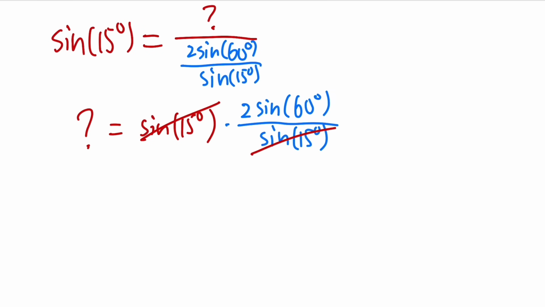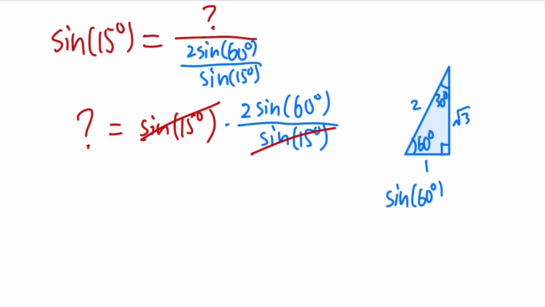And what's sine of 60 degrees? Okay, remember your 30, 60, 90 special right triangle. If this right here is 60 degrees, this is the right triangle. This right here is 30 degrees. Then we will know that the ratio of the sides will be 1, square root of 3, and 2. So, sine of 60 degrees, opposite is square root of 3, over the hypotenuse, which is 2.